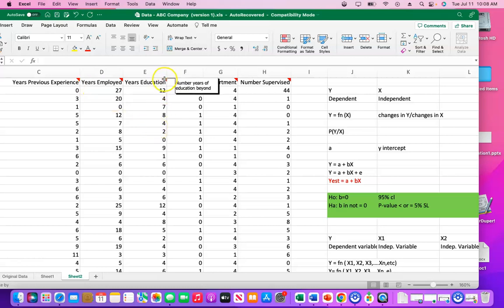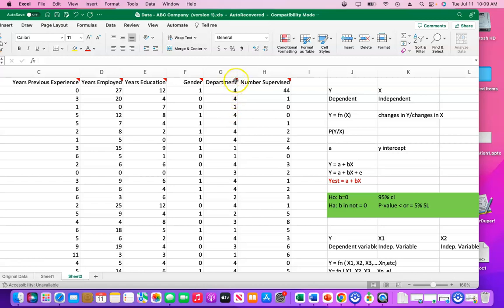Now let's look at the gender. We have 0 for female and 1 for male. And also for the department, we have a number of departments. So 1 represents sales, 2 represents purchasing, 3 advertising, and 4 engineering. So for the department, these are code values. They are not numerical values, but code values to define a particular department.